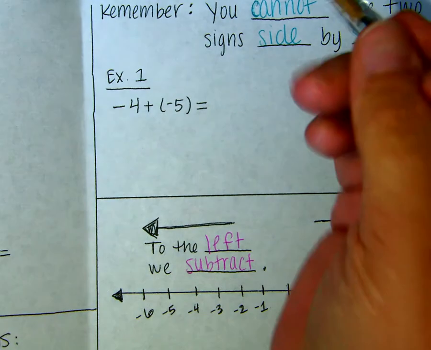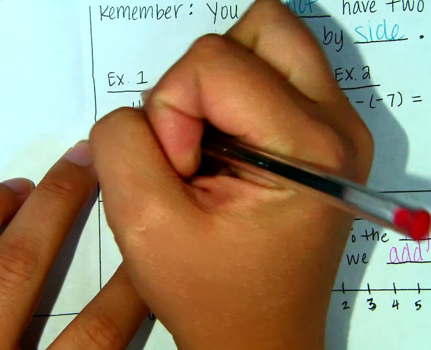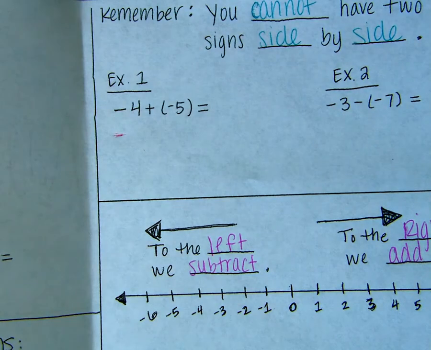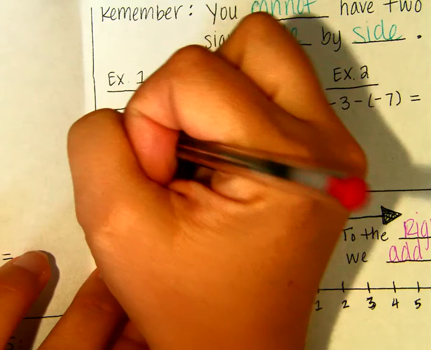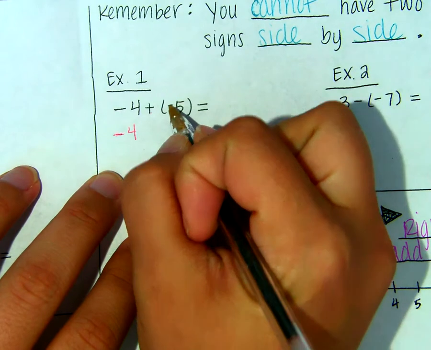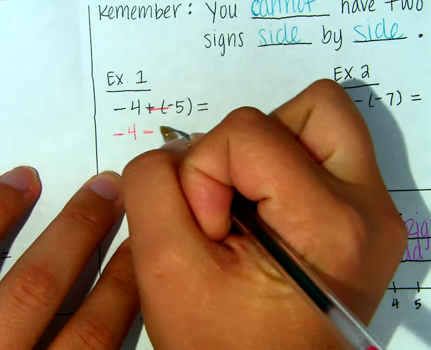So you would rewrite this as -4. My pens do not want to work today. You would rewrite this as -4. A positive and a negative turns to a big old negative -5.